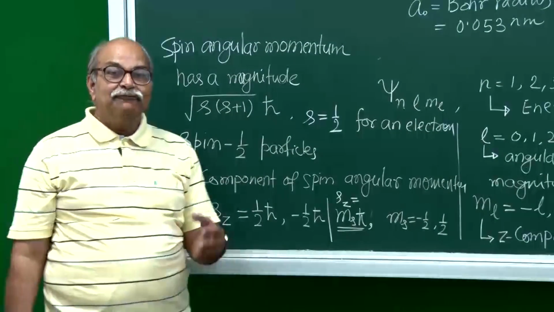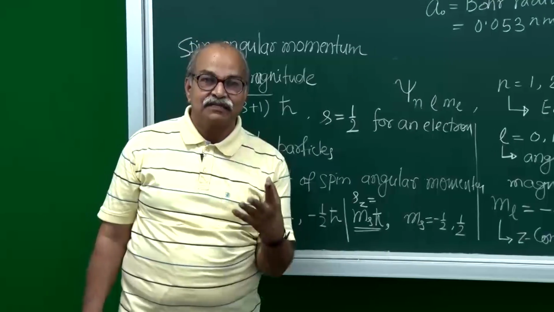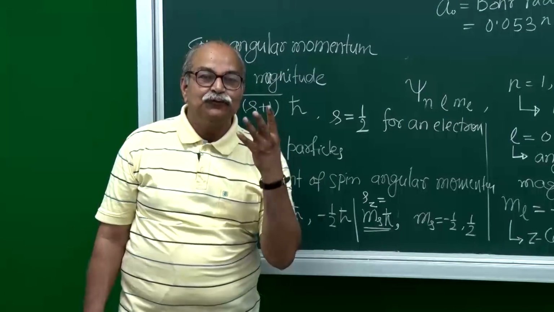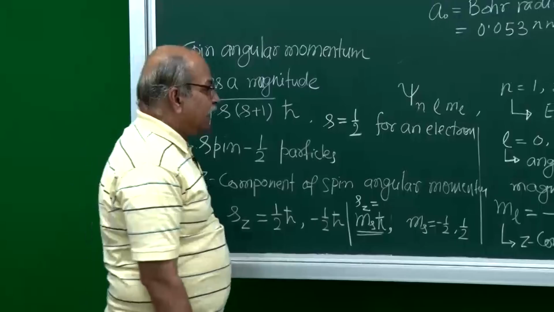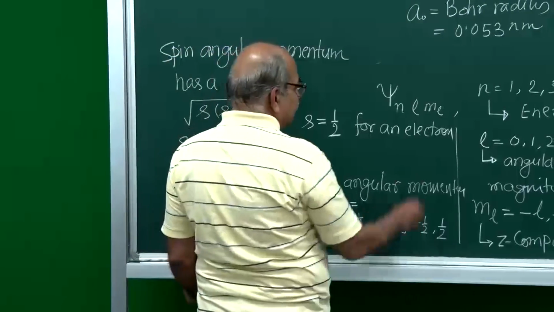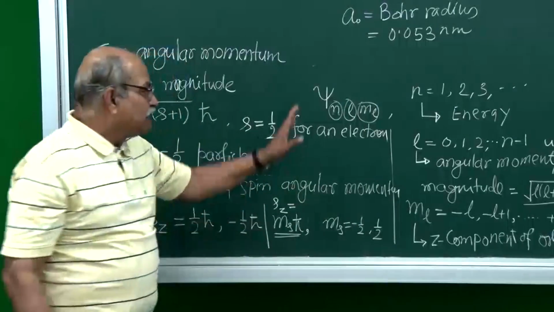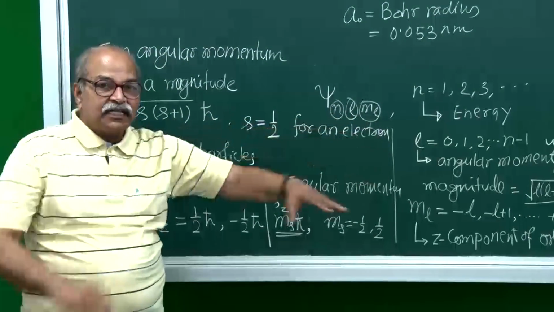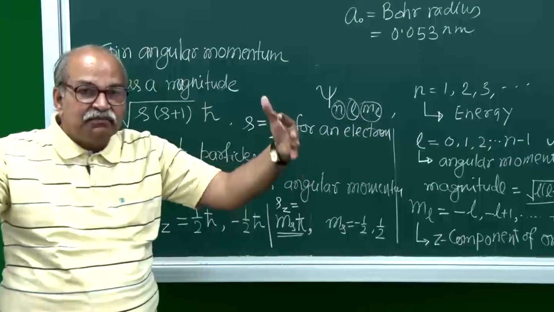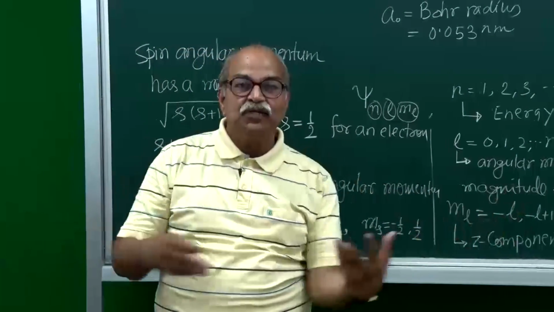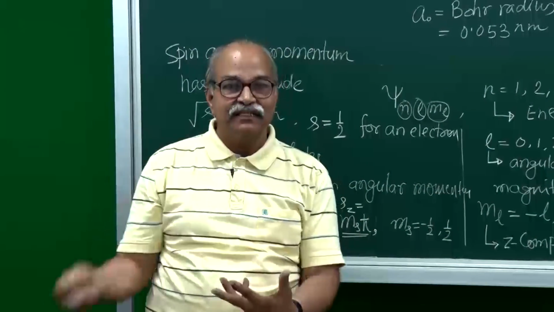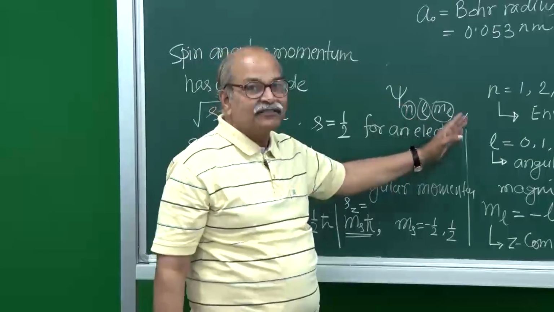So now you have 4 parameters, n, l, ml, and ms. If you give these 3 parameters, n, l, ml, the behavior corresponding to the space part x, y, z is fixed from here.